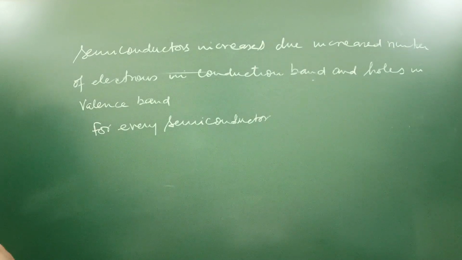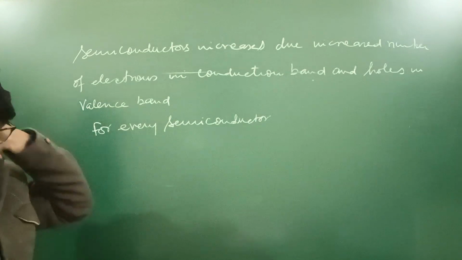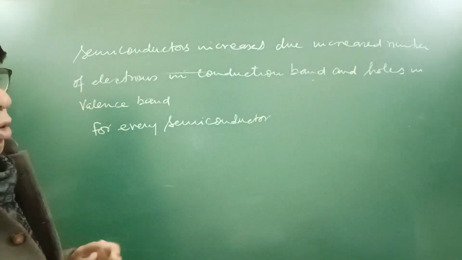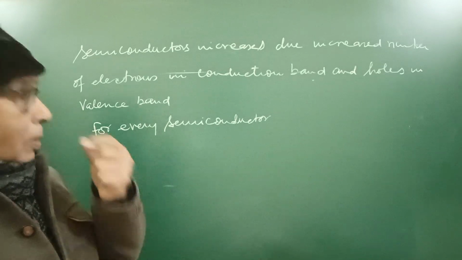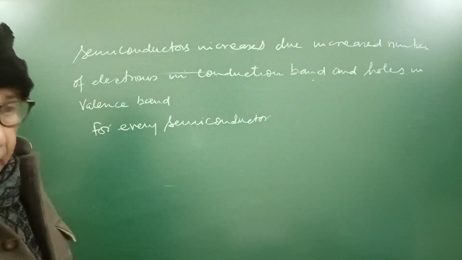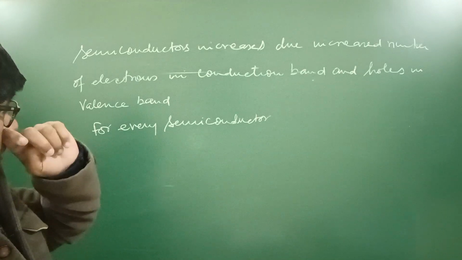If it is pure or impure, all have electrons and holes. Yes, that is another fact, that in n-type semiconductor conductivity is due to electrons, because electrons are big in number. I have told you a question there. I have told two questions just now.